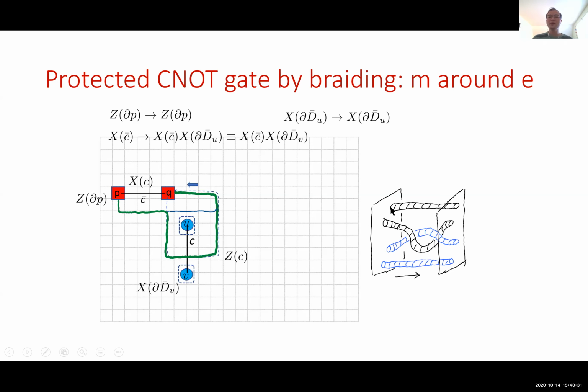This is a pair of defects, a primal defect pair that defines my logical qubit. And this is another pair of dual defects that defines one qubit. I take one of the defects and braid around the other.